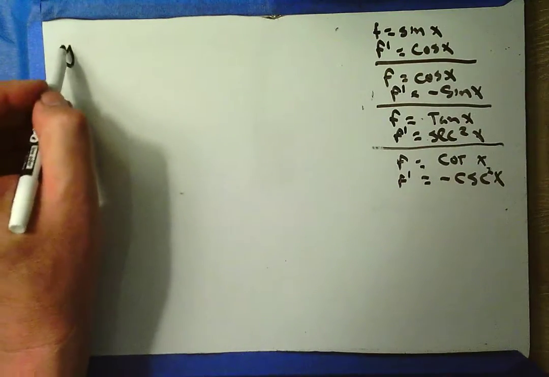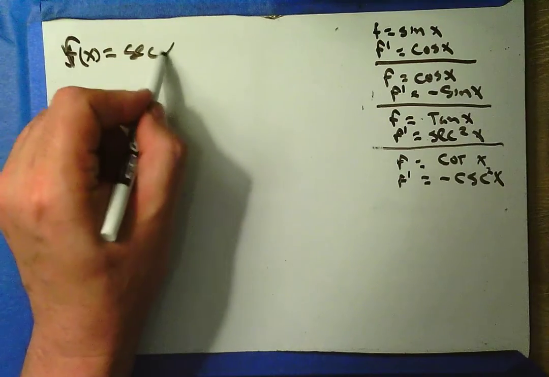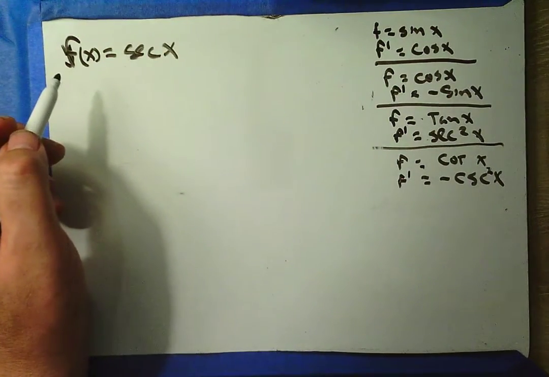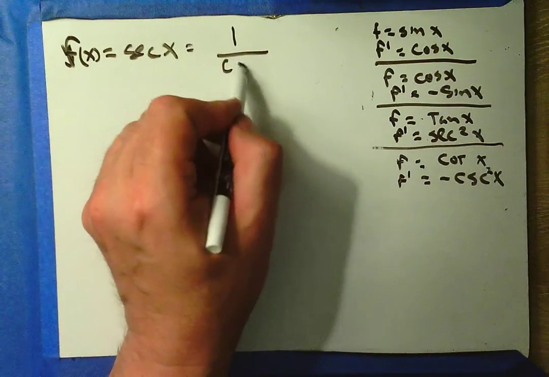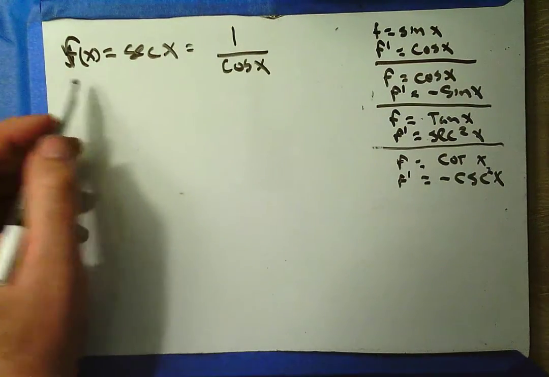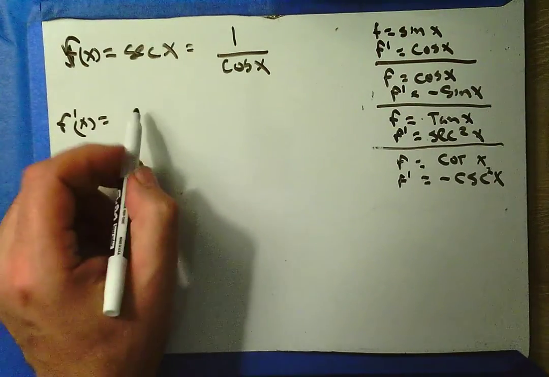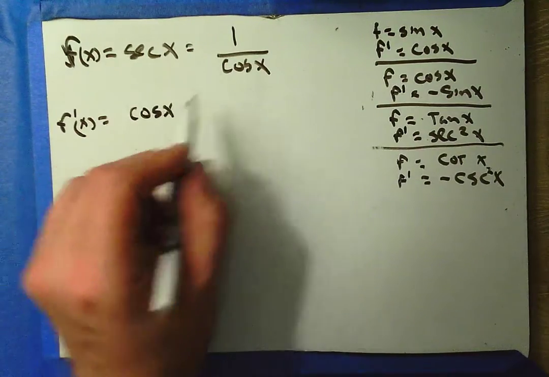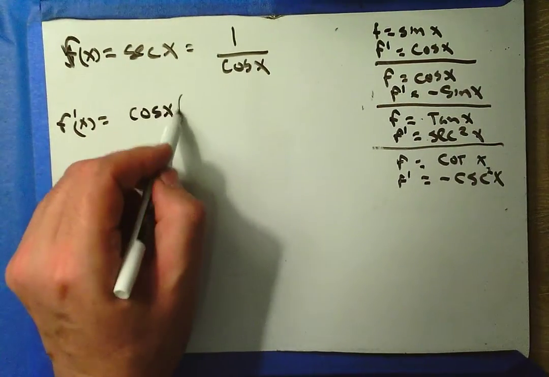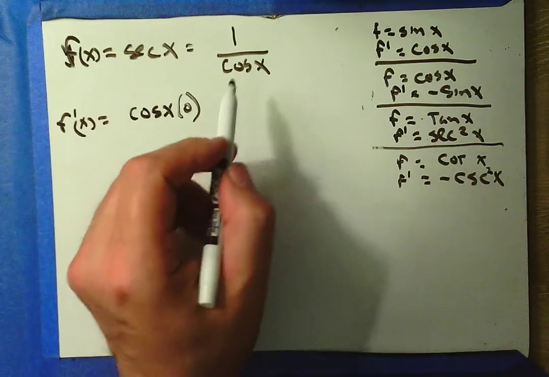So if y, or f of x, equals secant x, what's the derivative of that going to be? Well, I know that secant is 1 over cosine x, and so I can use the quotient rule. F prime of x is going to be low d high. Low is cosine x. The derivative of 1 is 0. The derivative of a constant is 0.